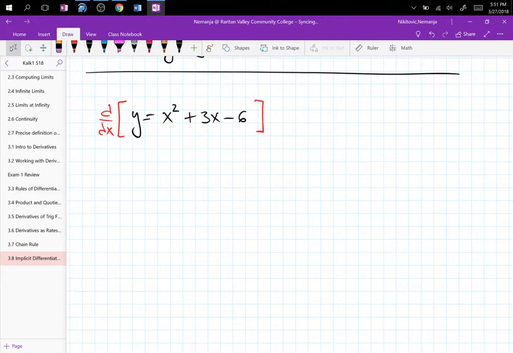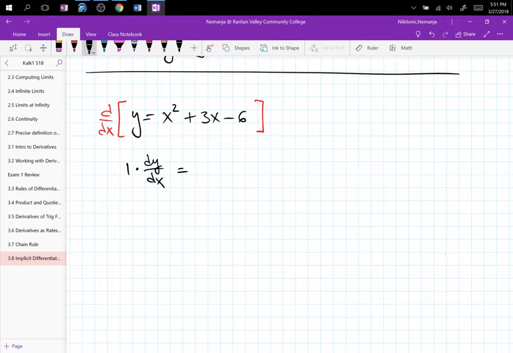All right, so y and x are not the same variable. y is a function of x, which means that when I take the derivative of y, I have to follow the chain rule. So the derivative of y is 1, and then times the chain rule is dy dx.